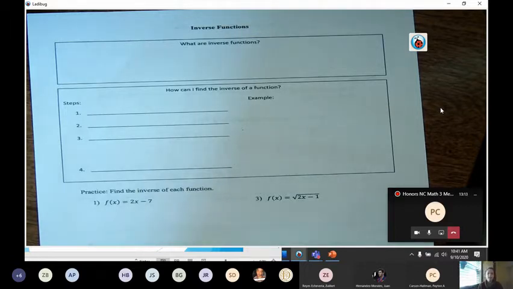So we're starting inverse functions today, and we're asking the question, what are inverse functions?